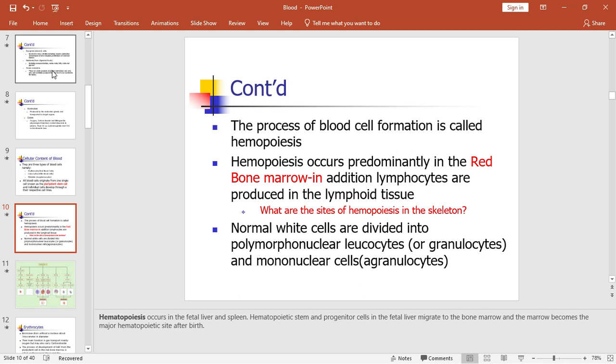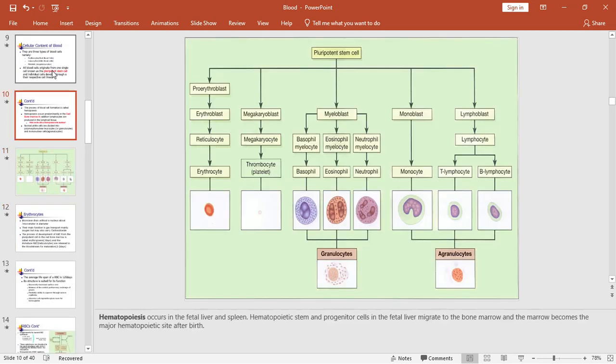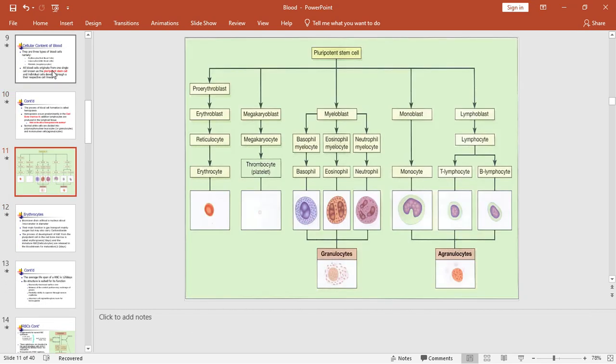Proceeding. So we already talked about that, now we want to speak in detail about the cells, basically. Maybe we should go into the erythrocytes. But in slide 11, what you're looking at is the diagram that shows the pluripotent cell, which is the ancestor, the origin of all these cells.